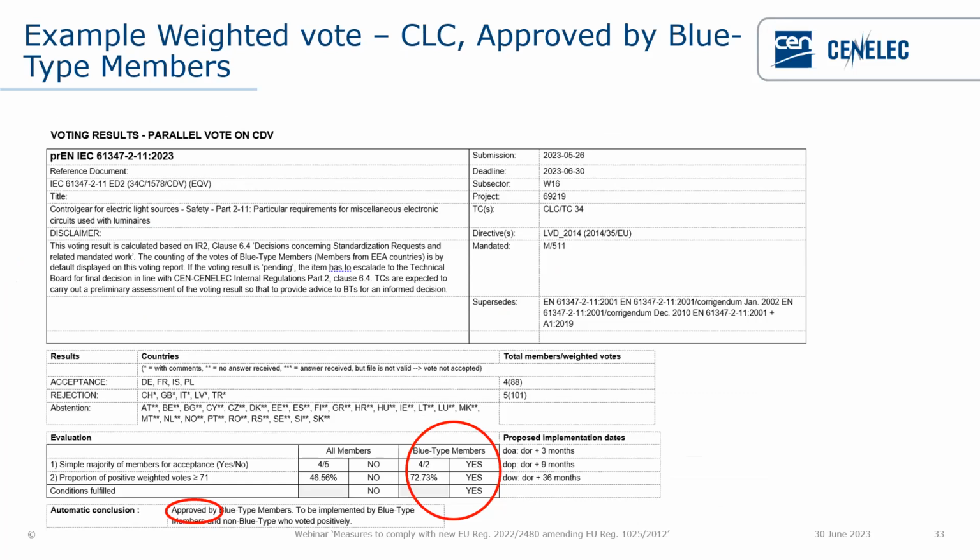So this is another example where the voting results provide a negative outcome by counting all members, positive outcome with blue type members, and therefore the wording is approved by blue type members.